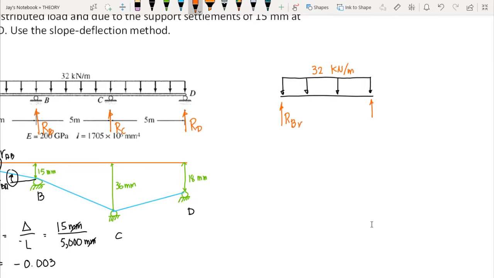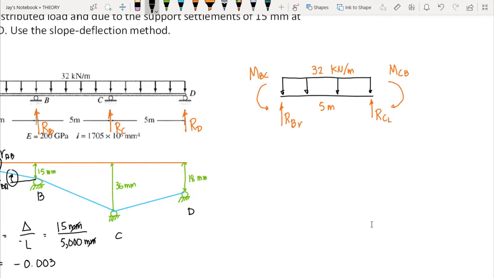And on this point here, we have the left side reaction of C, RCL, and we have a 5 meter length. So we have this moment here, this is MBC, and we have the moment here, MCB. So we need to create a moment equation for MBC and MCB using the slope deflection equation.